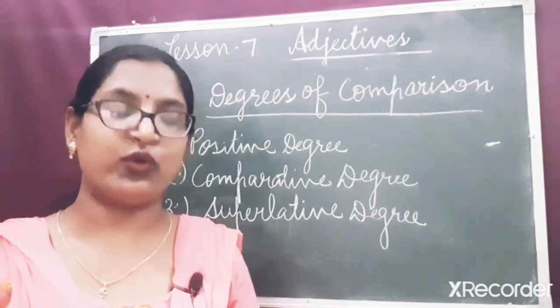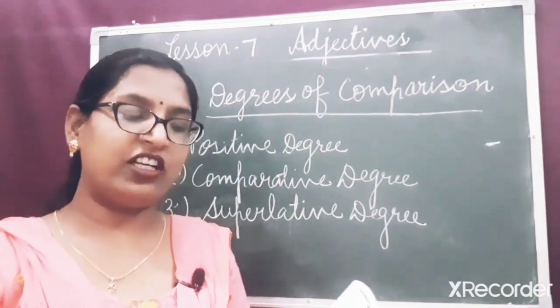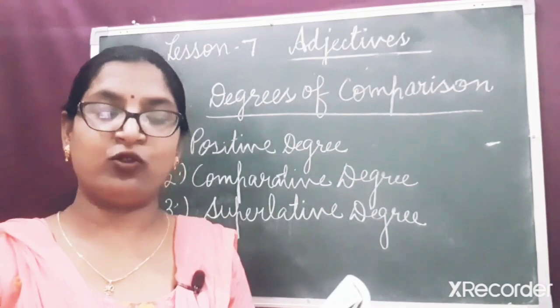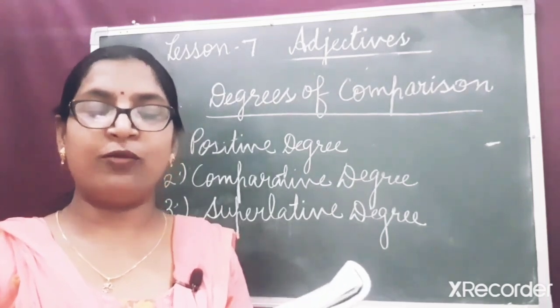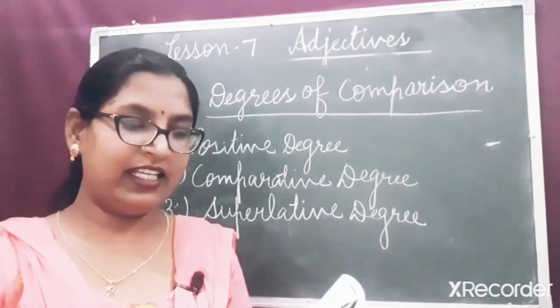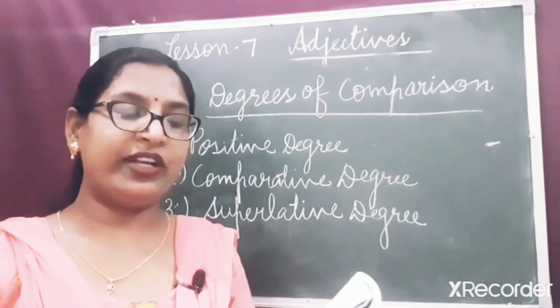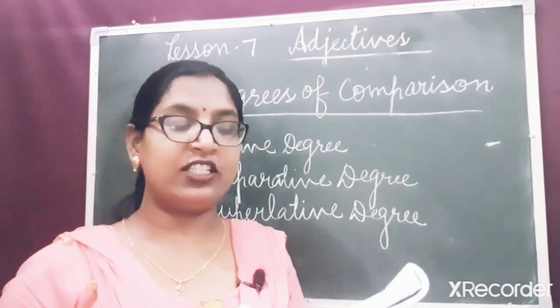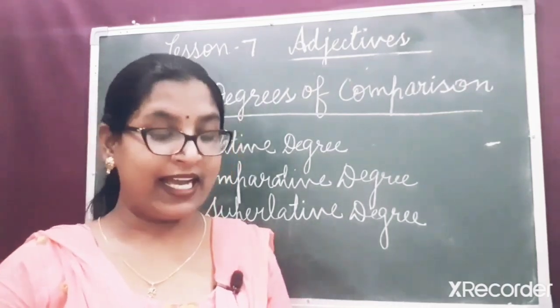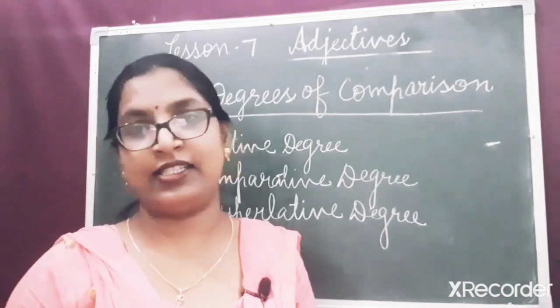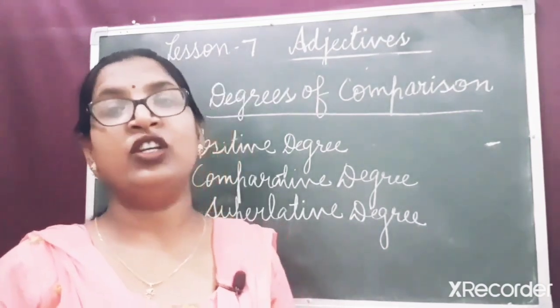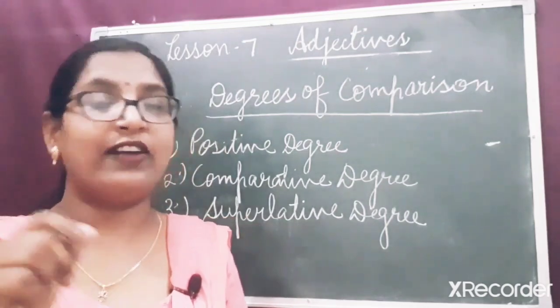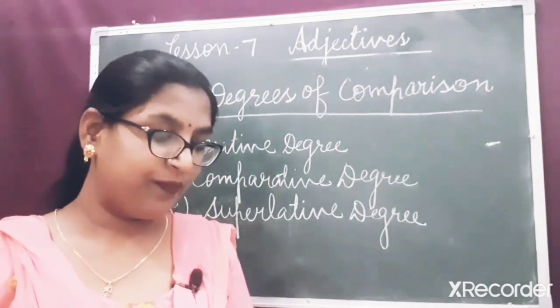There are certain rules, we have to follow them. Generally, we get the comparative and superlative degree forms of an adjective by adding er or est to its base positive degree form.